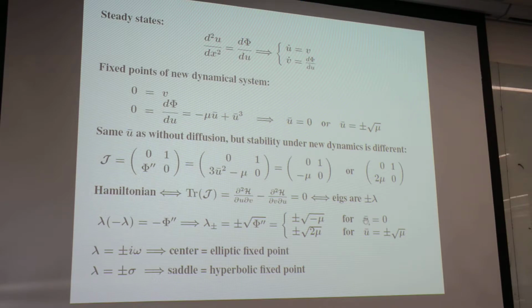Recall that as before, we have these new states only for mu positive. So for mu negative, these eigenvalues will always be real. Am I right? For u equals 0, and for mu negative, these will be a plus and minus pair. And in that case, we call that a saddle, a hyperbolic fixed point. The motion near a saddle looks like this.